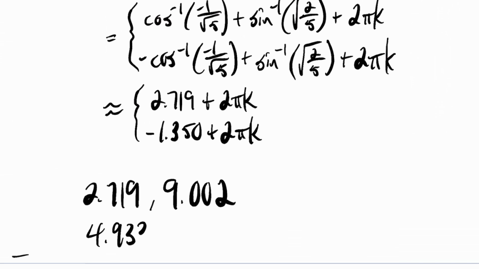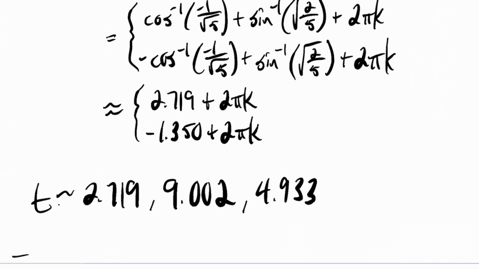That's from adding 2 pi once, because the negative 1.350 is not one of our solutions. We have to add 2 pi to get the first one. If I add 2 pi again, I'm going to get something greater than 10. So basically, I can just move this up here, add that to the end of my list, these are the values that t can take on in order for the distance to be 4 centimeters.